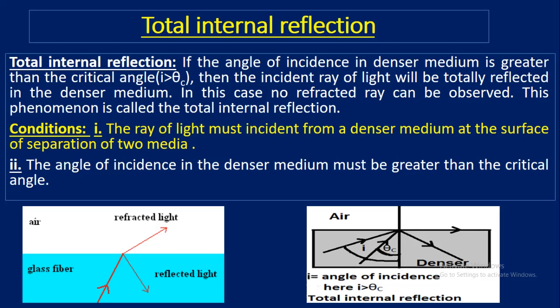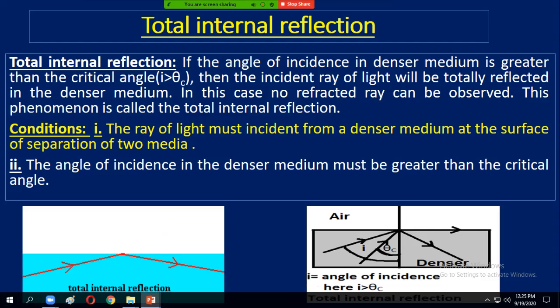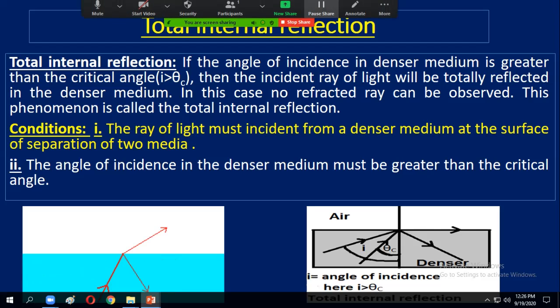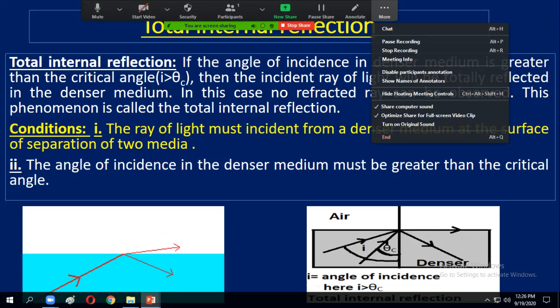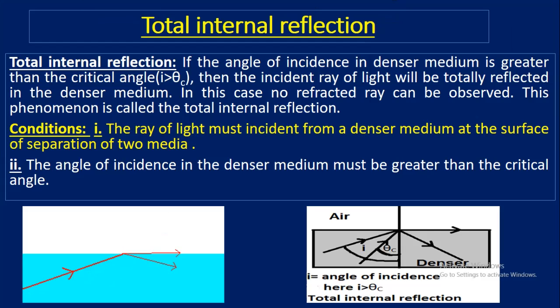Our second topic is total internal reflection. Observe what is happening in this diagram. For the definition of total internal reflection, we have to maintain two conditions: the light ray must come from a denser medium to a rarer medium, and the incidence angle is greater than the critical angle.